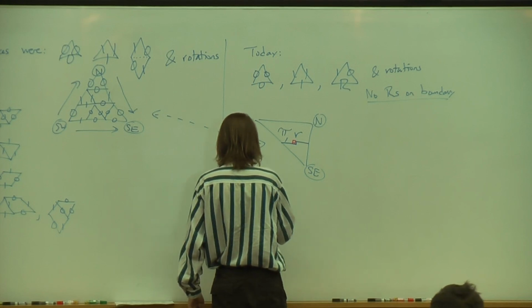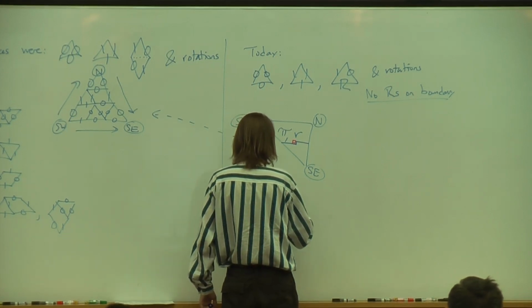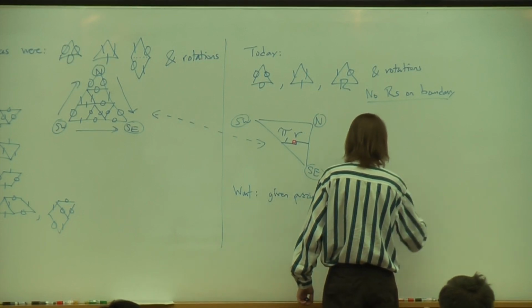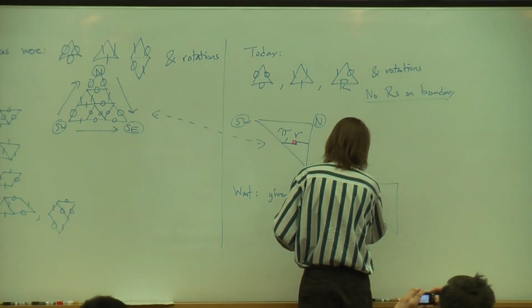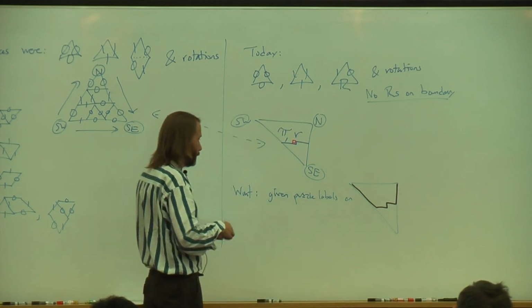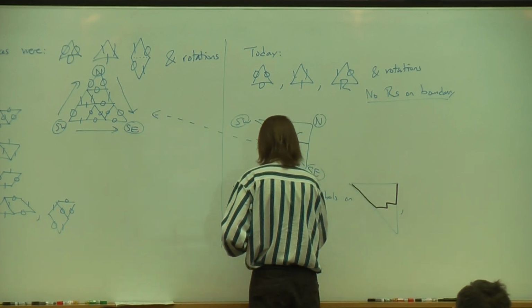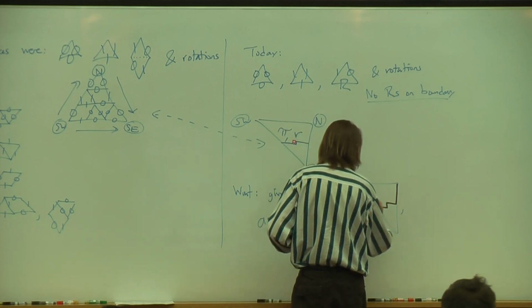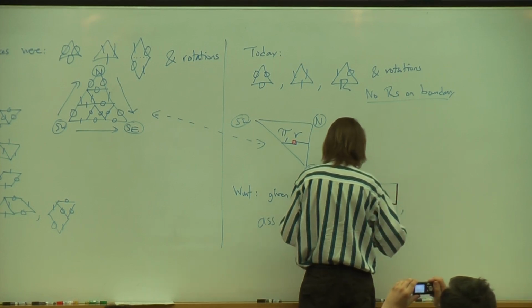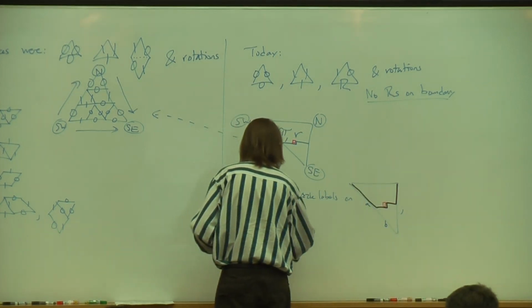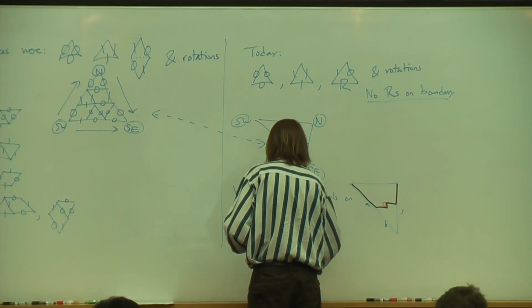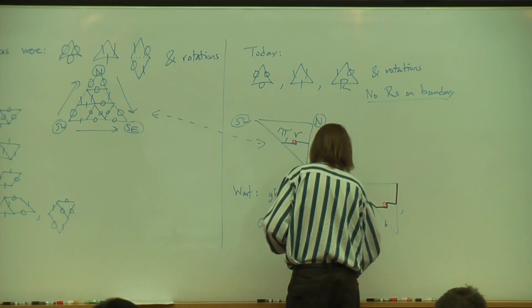So what I want is, given puzzle labels on this part of my puzzle, and this is in row A, column B, associate an AB partial permutation.